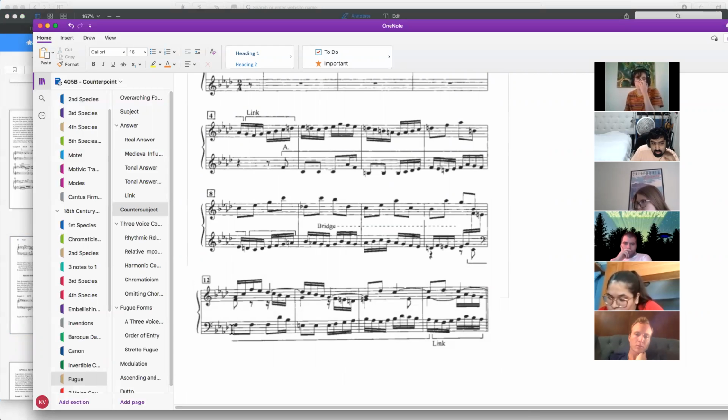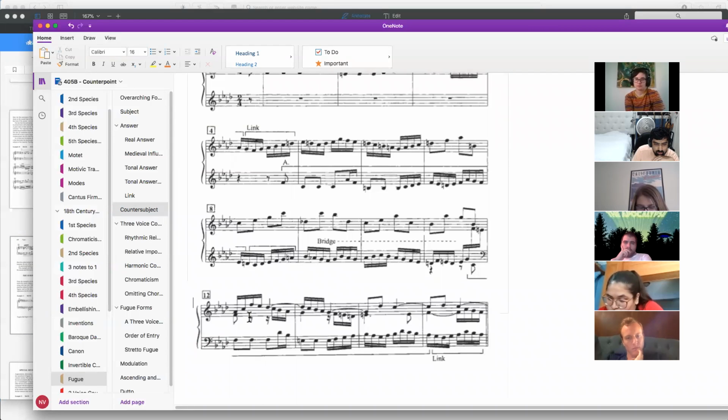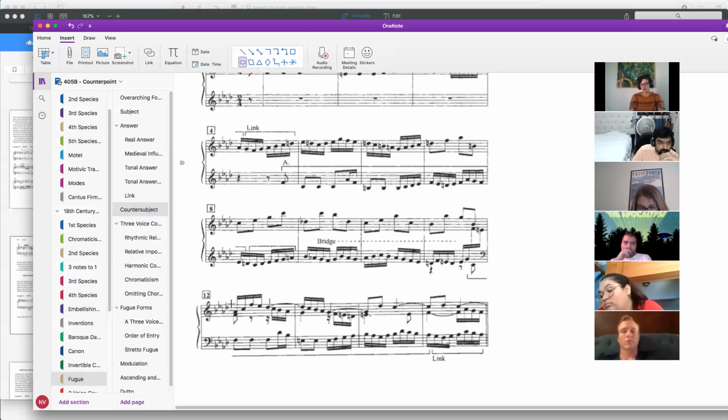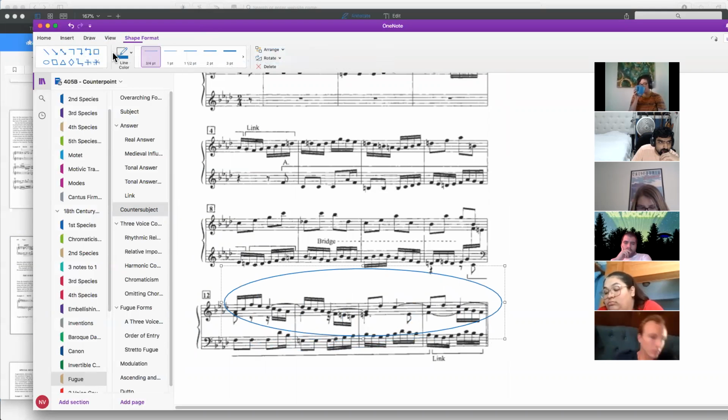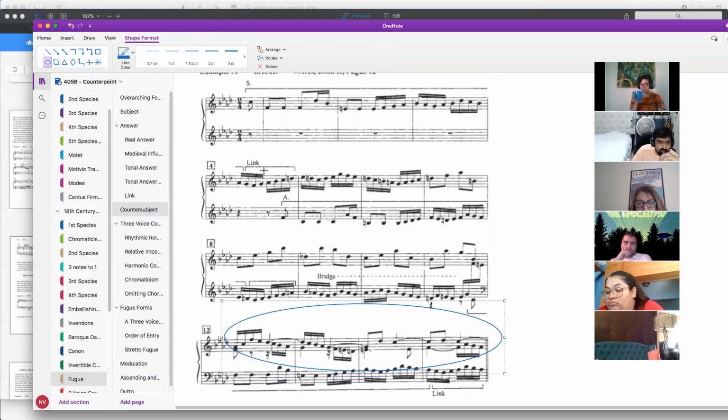This is the entrance of the third statement. And you can see how it doesn't really have any bearing. Like this material right here doesn't really have any real bearing to the material over here, right? You can see that, right?